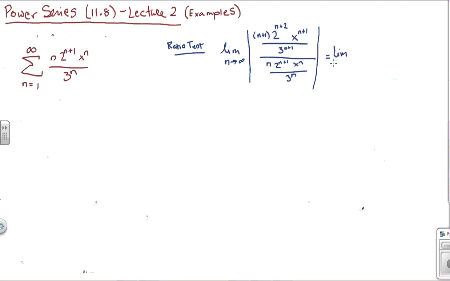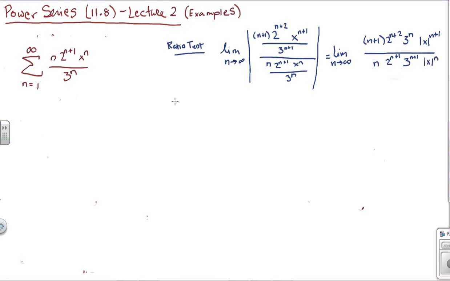So that's the limit as n goes to infinity of n plus 1, 2 to the n plus 2, 3 to the n, absolute value of x to the n plus 1, over n, 2 to the n plus 1, 3 to the n plus 1, absolute value of x to the n.